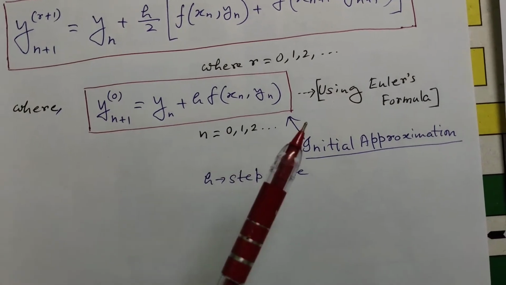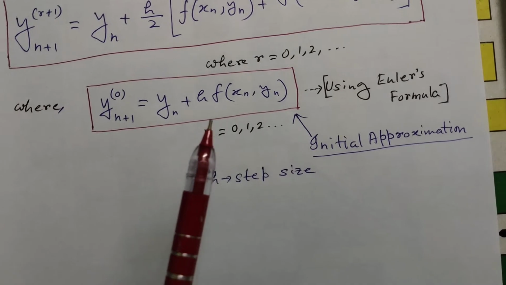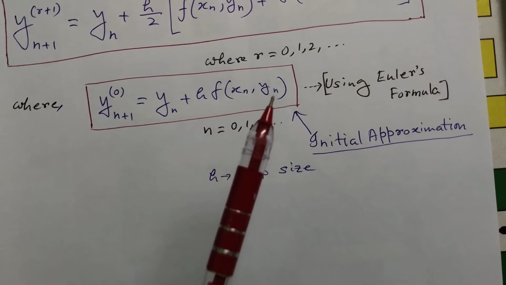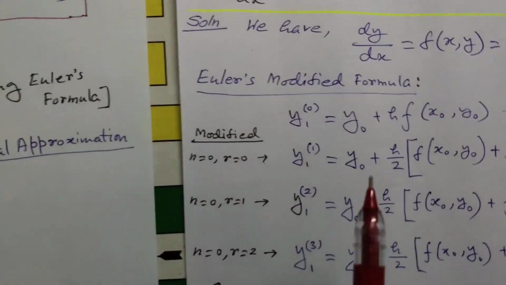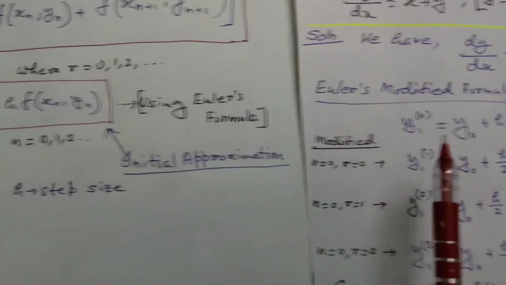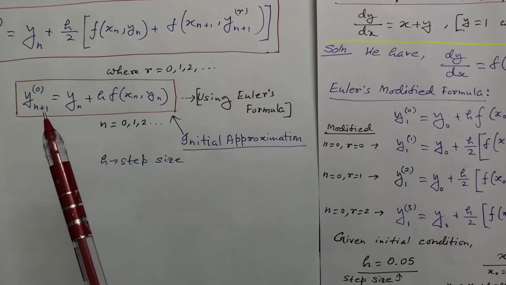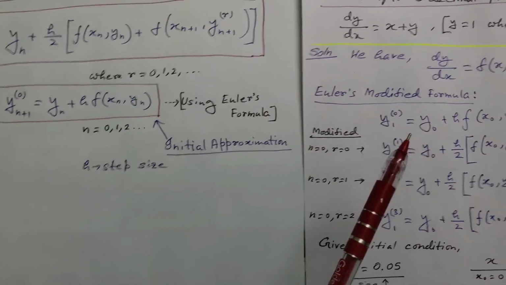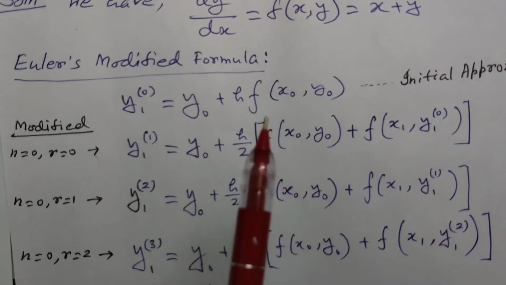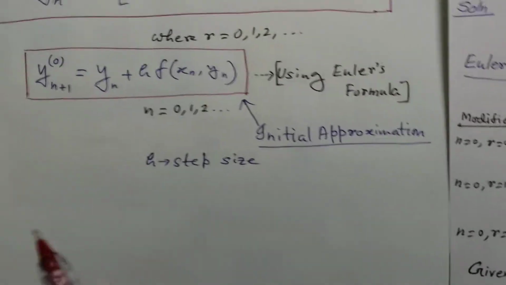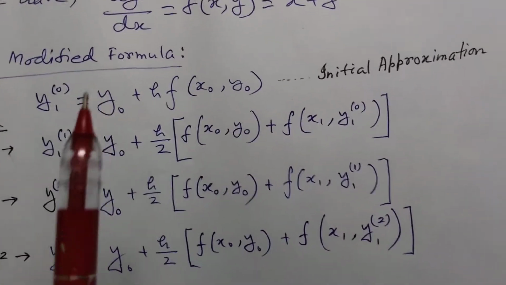From this equation, y(n+1) equals yn plus h f(xn, yn). For the initial approximation we put n equals 0 here, and we get y1 equals y0 plus h f(x0, y0).